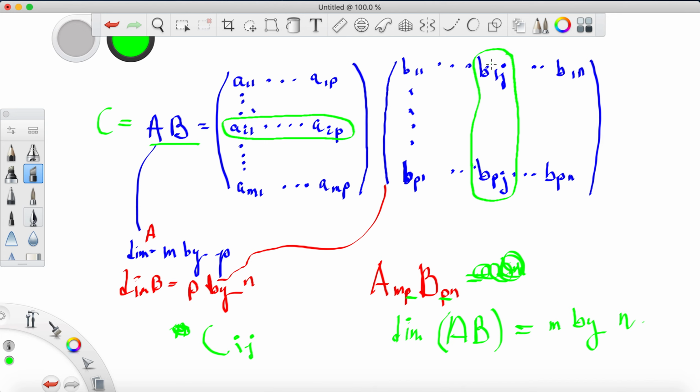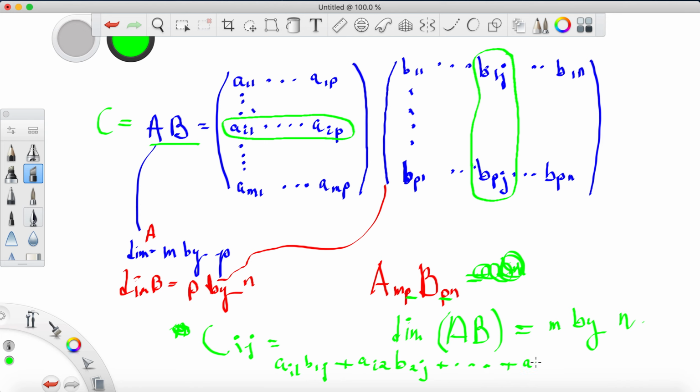So what you literally do is you multiply A_i1 and B_1j, and then you just keep adding. So that's pretty much it. This would be A_i1 times B_1j plus A_i2 times B_2j, and it's just going to keep going.